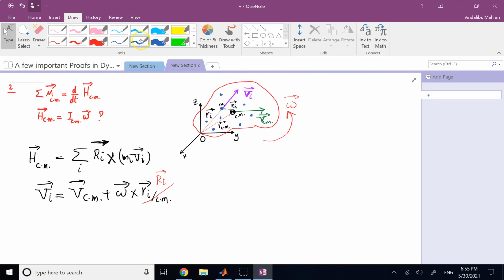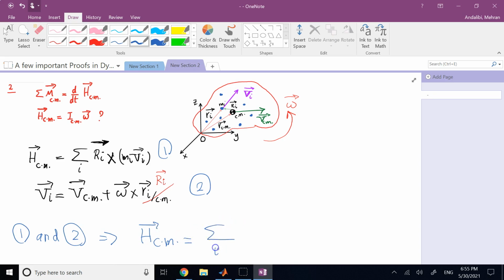So from these two equations, if I call this one 1 and this one 2, what can I write? From 1 and 2, I can write that H about the centroid is equal to summation over I. And what's the difference here?